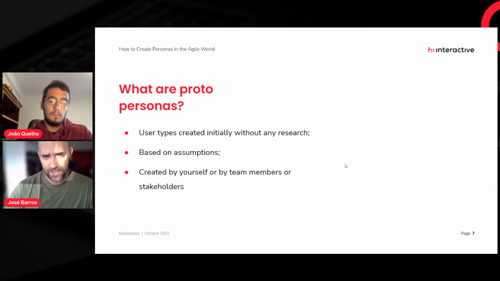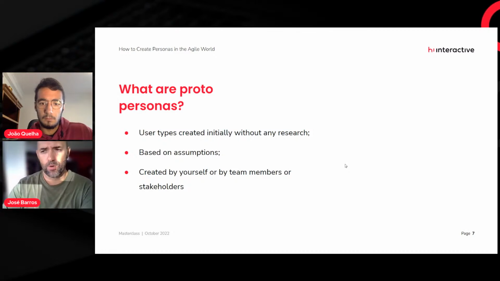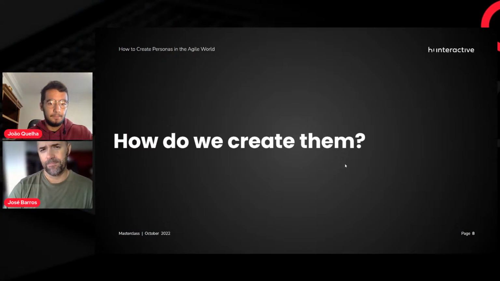They can be created by yourself or by your teams and stakeholders. You can start initially by yourself, and then share with the stakeholders and present, adapt and validate those assumptions afterwards. So how can we create them?